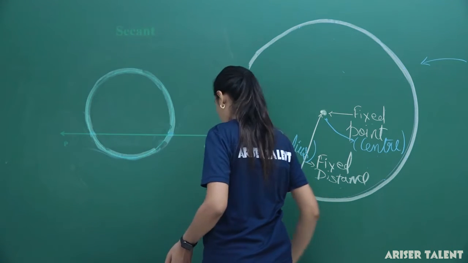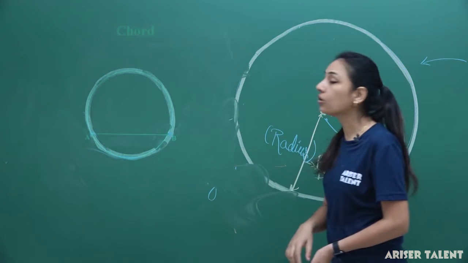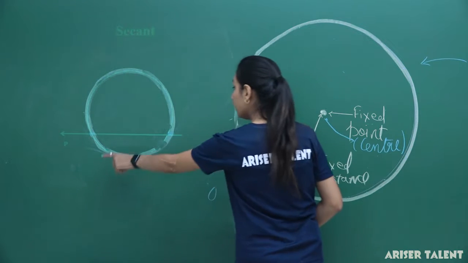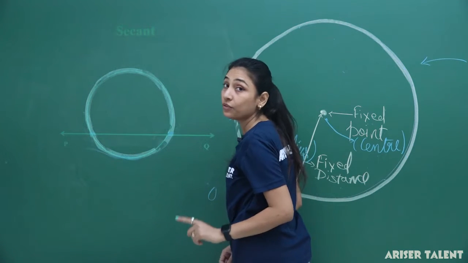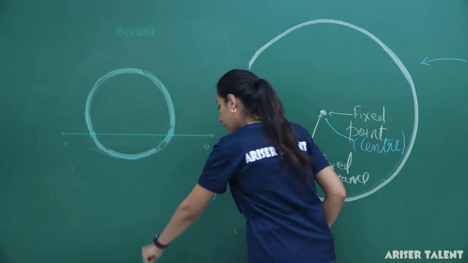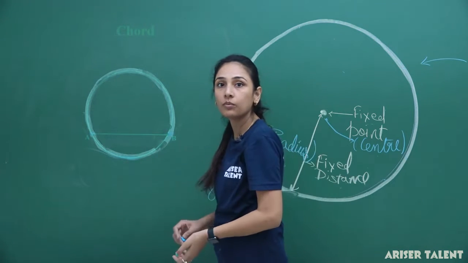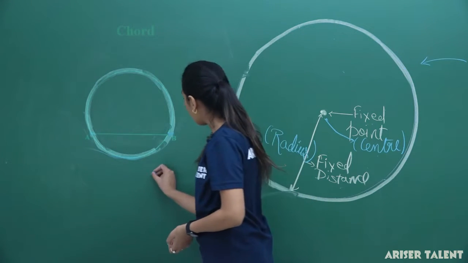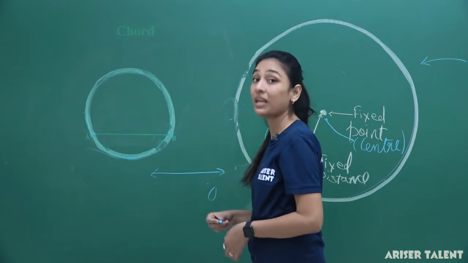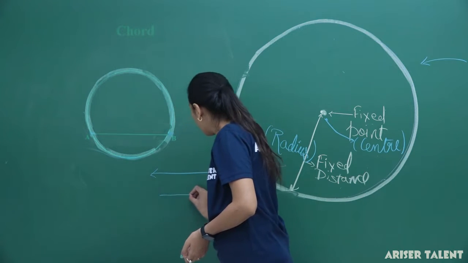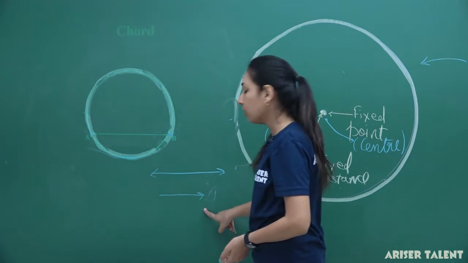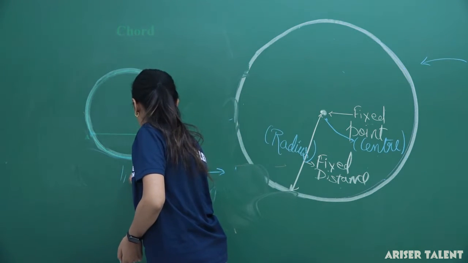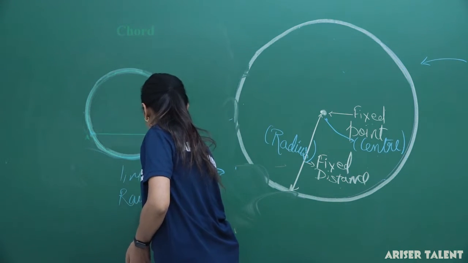Okay. Next is chord. In the previous part, we were talking about a line that was known as secant. But if this is not a line anymore, but a segment. Now what is the difference between line and segment? A line goes to infinity on both sides. We have a ray. A ray starts from one fixed point and goes to infinity in the other direction. This is a line, this is a ray, and this becomes a line segment.